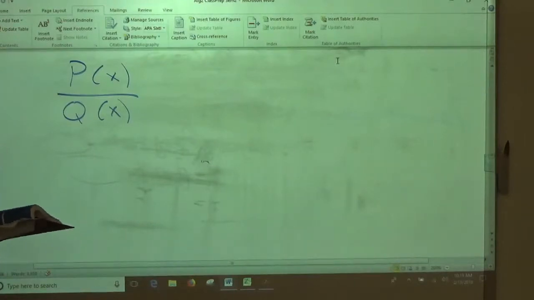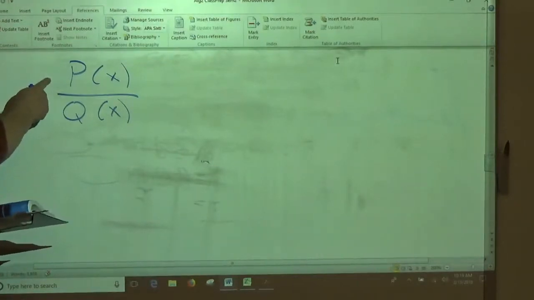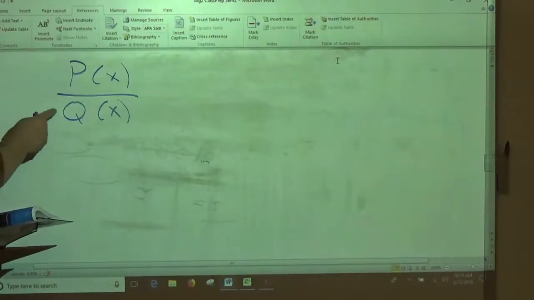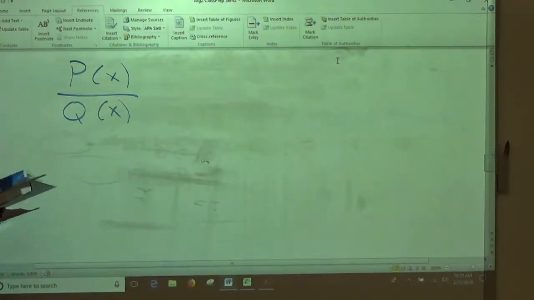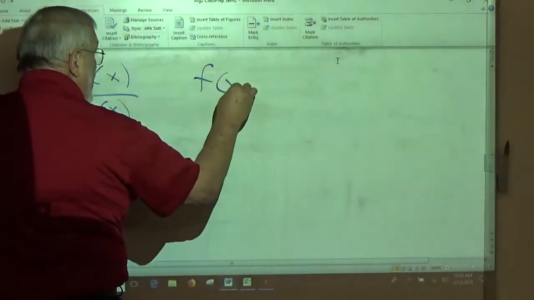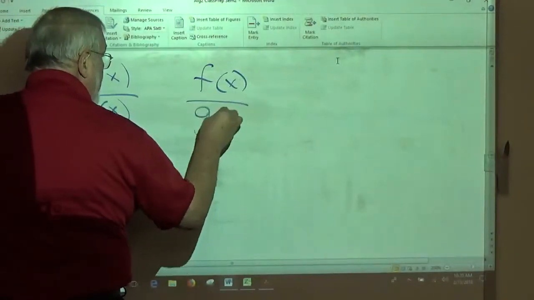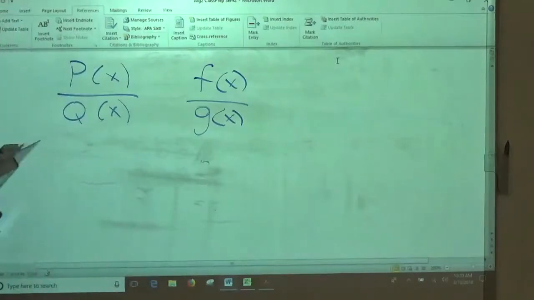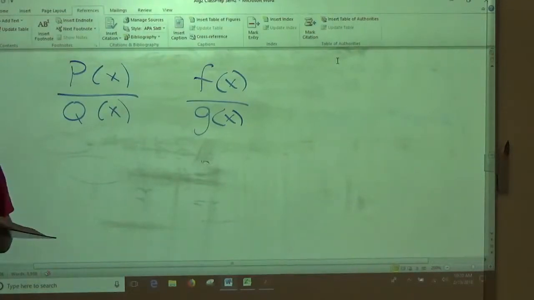Well, what's the name of this function in the numerator? It's called p. And what's the name of this one? Q. Now, I could have done this and have the same thing. Only they just choose for academic sake to use P and Q.